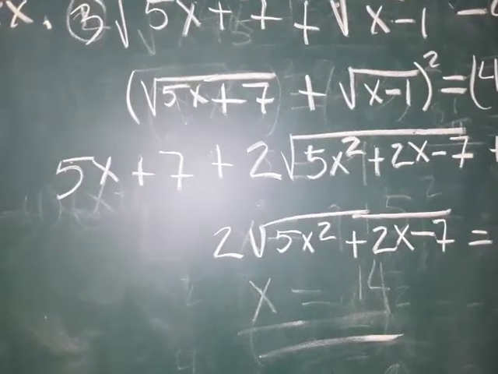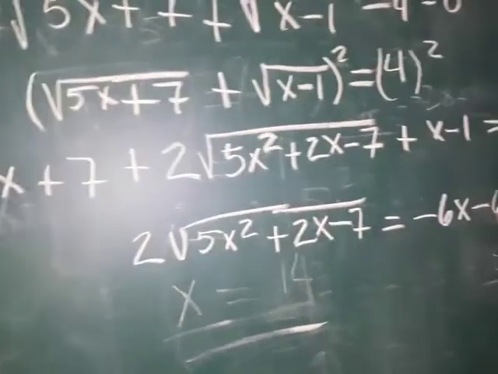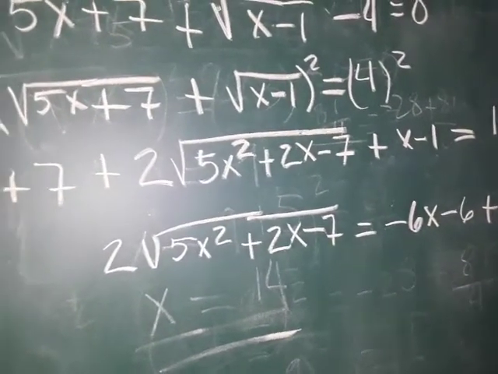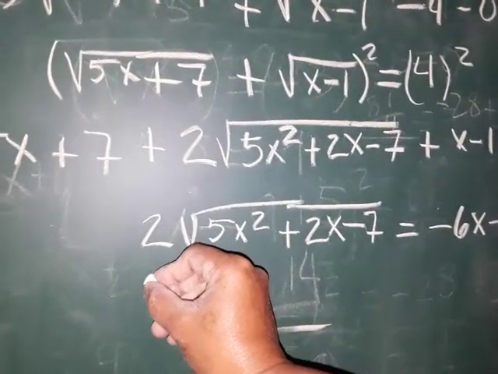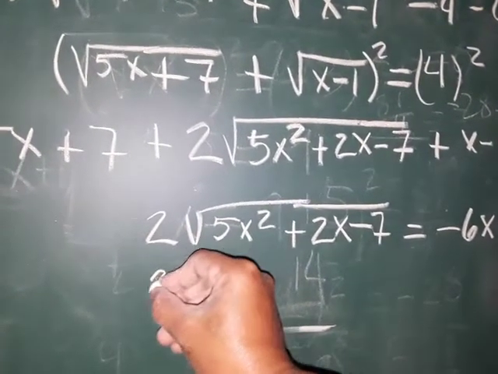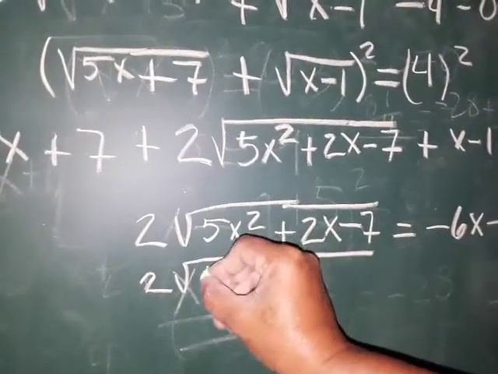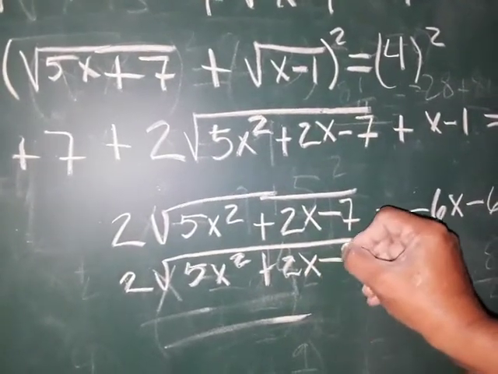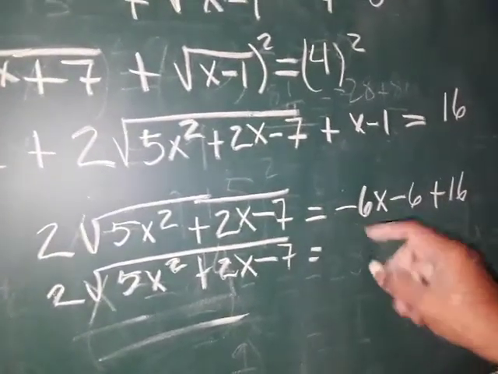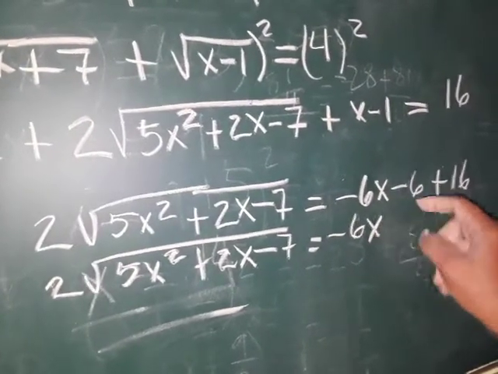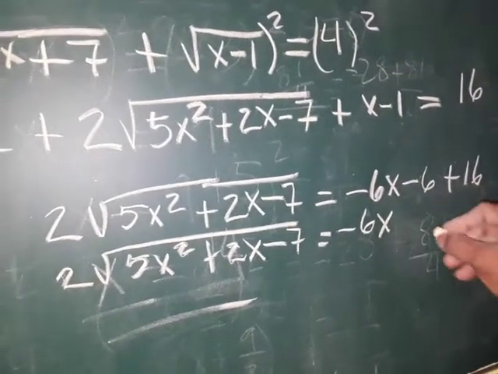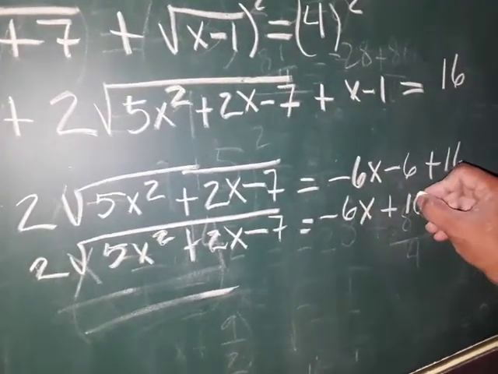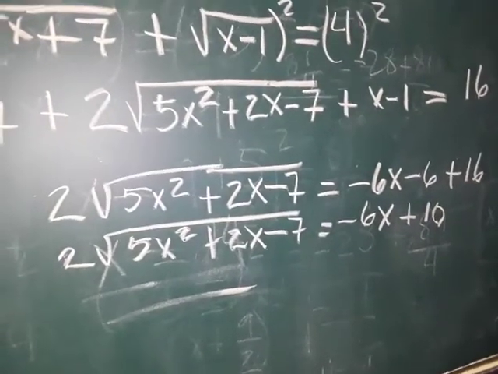Transpose to the other side becomes negative 6 plus 16. Next, 2 square root of 5x squared plus 2x minus 7 is equal to negative 6x. Copy. Negative 6 plus 16 is equal to positive 10. Unlike sign, subtract. Copy the sign of the greater value.